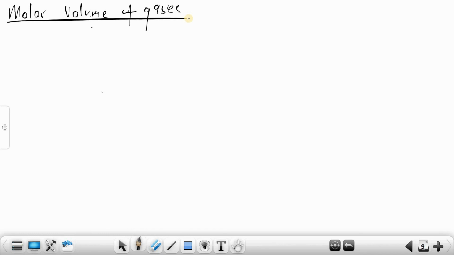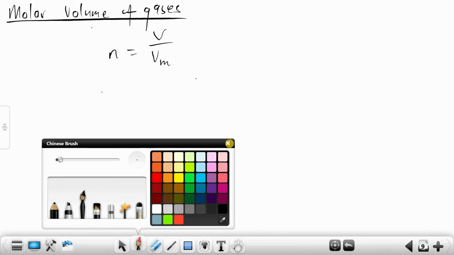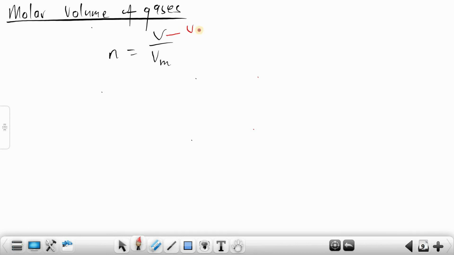We are not expected to derive any equation whatsoever, but what is key for us to know is n is equal to V over Vm, where V is just the volume, and Vm is the molar volume of a gas.